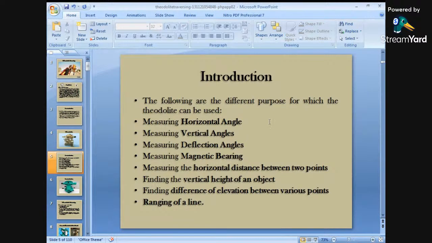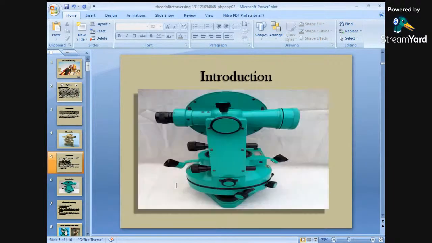And if you want to find out the difference of elevation between 2 points, you can easily calculate it with the help of your theodolite. And ranging is also possible with the help of your theodolite. So these are some of the purposes: horizontal angle, vertical angle, deflection angle, magnetic bearing, horizontal distance between 2 points, vertical height of an object, difference of elevation, and also ranging.